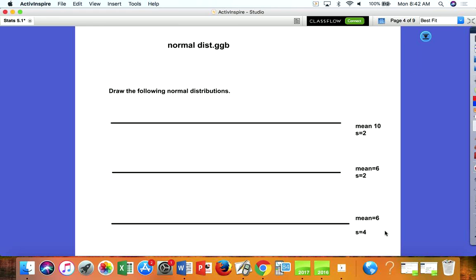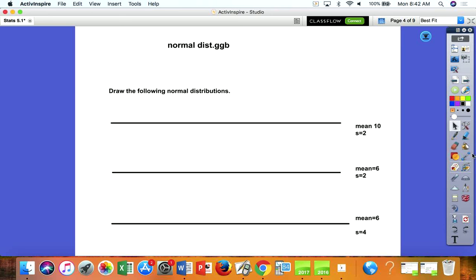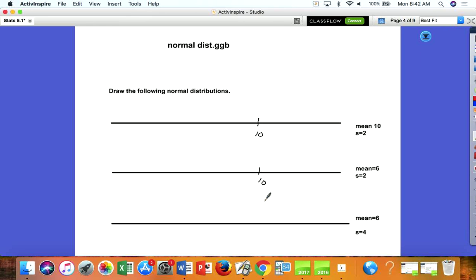So let's scale out our paper here. Get some tick marks. So let's make 10 about right here. And let's scale it by 2's.